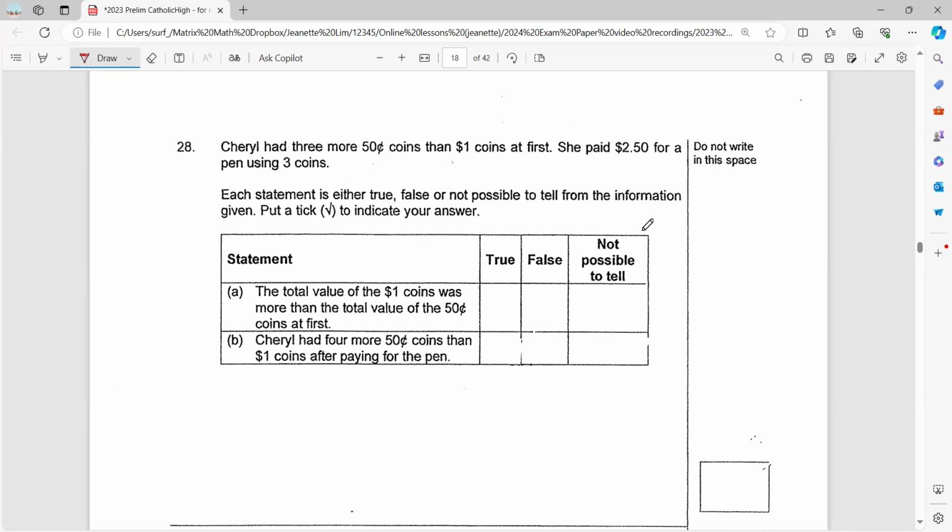$2.50 can be three coins. The only way will be 1, 50 cents.